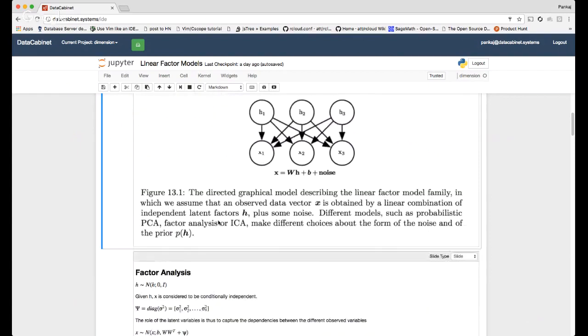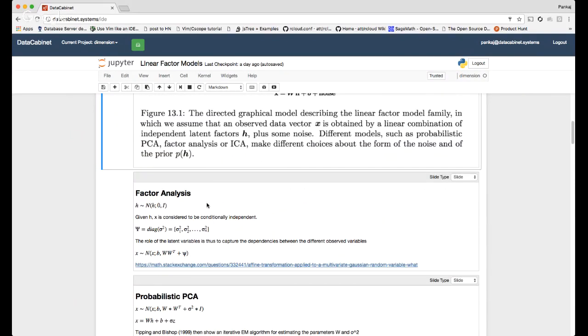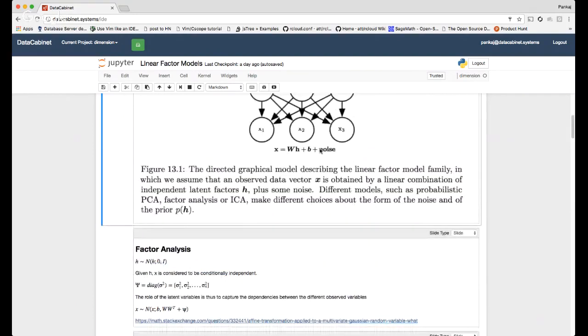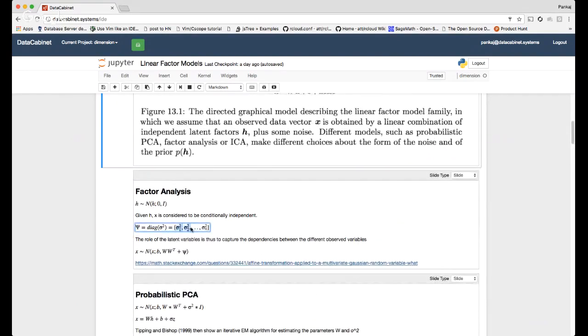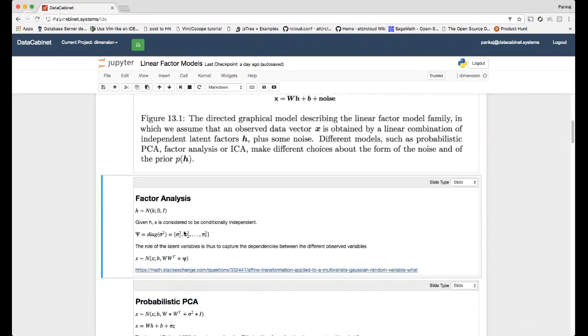The first method we can discuss is factor analysis. In factor analysis, you assume that all your H's come from a multivariate unit normal. The noise is modeled as a diagonal matrix, with different values in different components. If X is 20 dimensions, then each dimension can have a different value for these sigmas.